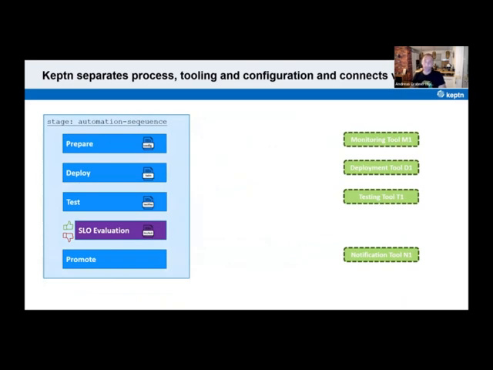So now in Keptn, you can specify on the left the sequences that should be orchestrated when a certain event happens, for example when a problem happens in production. On the right side, you have your tools. You may have one monitoring tool, you may have multiple monitoring tools, you may have different testing tools. Then we want to make sure that no configuration lives somewhere hard-coded in an automation script, but stays somewhere version controlled.